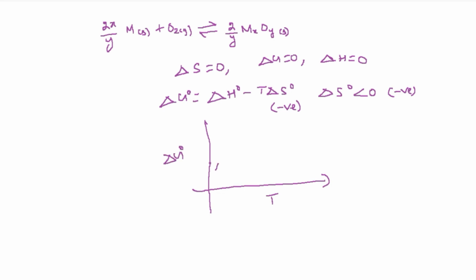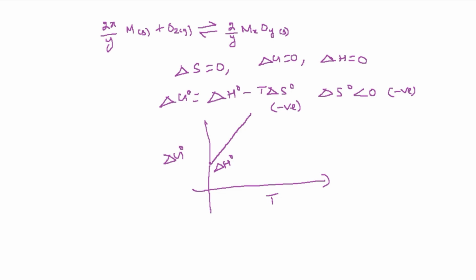Y-intercept is delta H naught. Since slope is positive, minus into minus plus, this plot will be like this. So delta G naught value increases with rising temperature, and this is called the Ellingham diagram for the formation of oxides of various elements which are assumed to be in equilibrium.